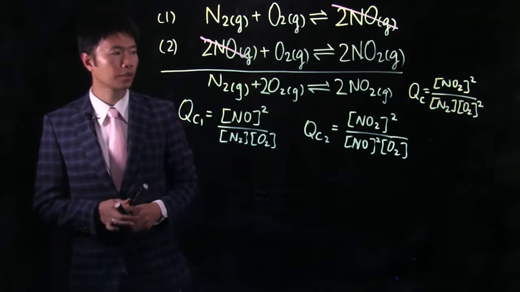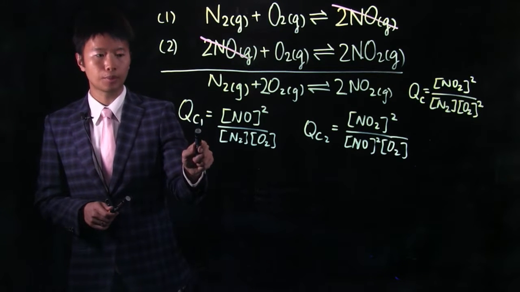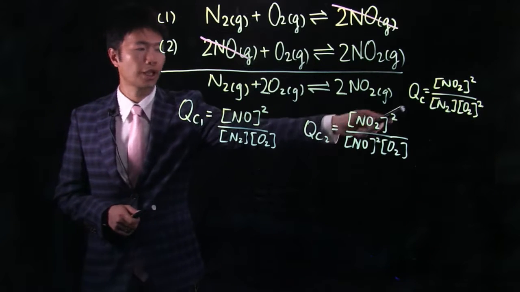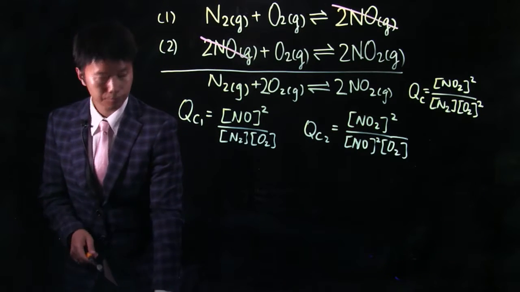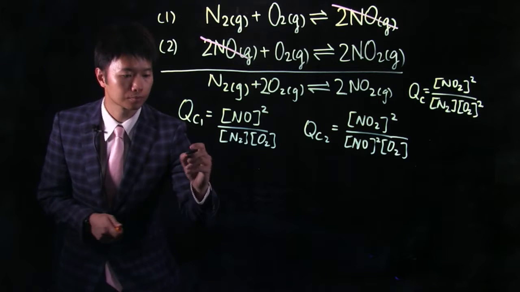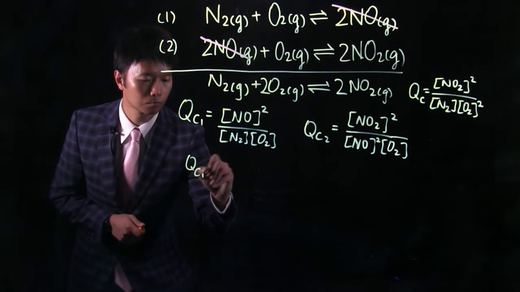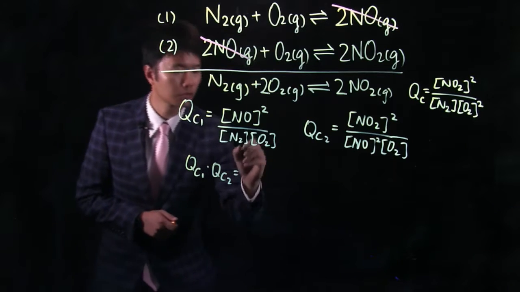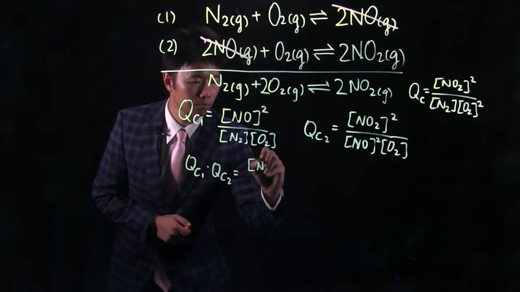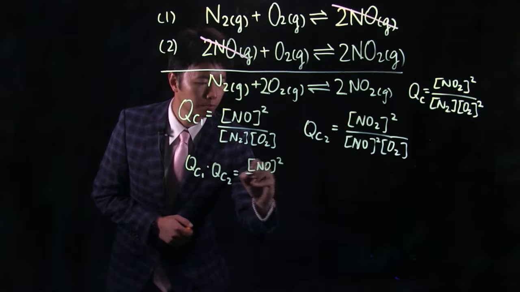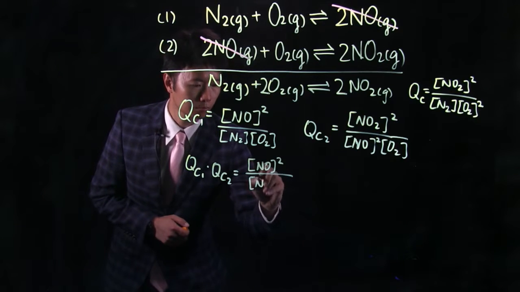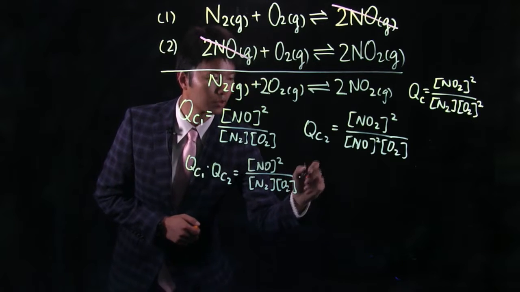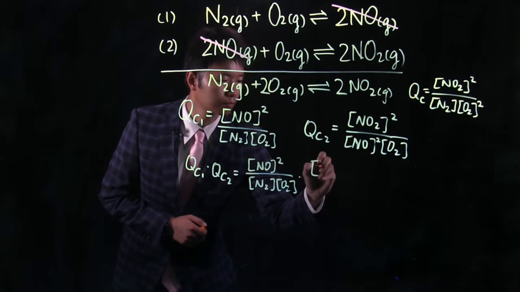Okay. So we're going to multiply QC1 times QC2 to see if we will get QC overall.